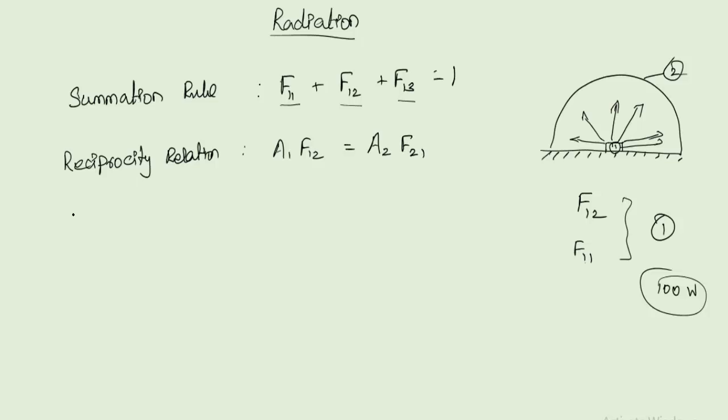Then the third rule is the superposition rule. It is nothing but F of 1 to 2, 3 is equal to F of 1 to 2 plus F of 1 to 3. Now I can explain this with a simple diagram.